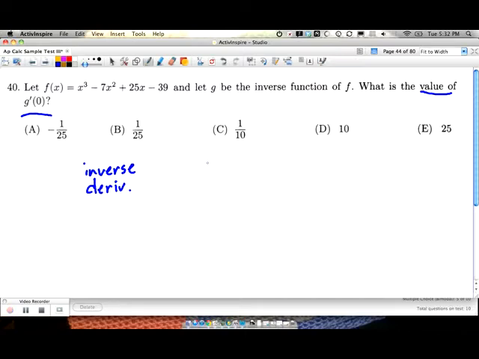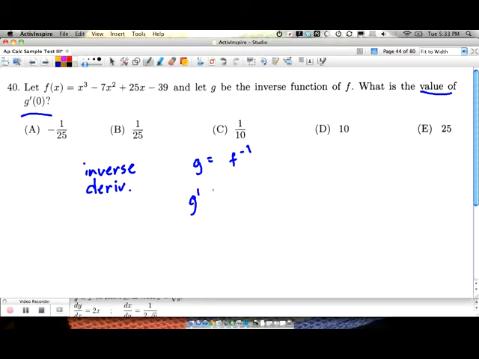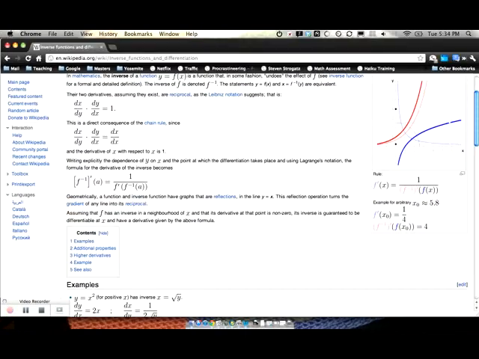And for an inverse derivative, if g equals the inverse of f, and we're trying to find g prime, it's actually going to be a little formula. Let me look this up just to check it right here.